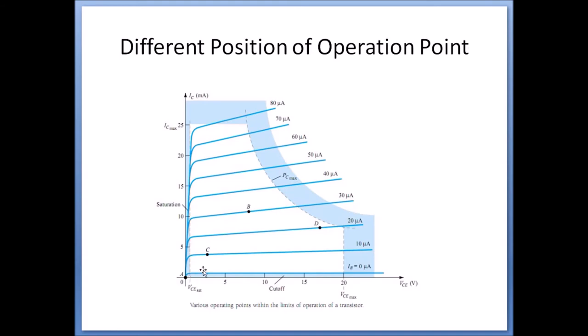Now if a number of IB currents are there, IB equal to 0 microampere, 10 microampere, 20 microampere, and so on, then the shape of the graph will be like this for different values of current.